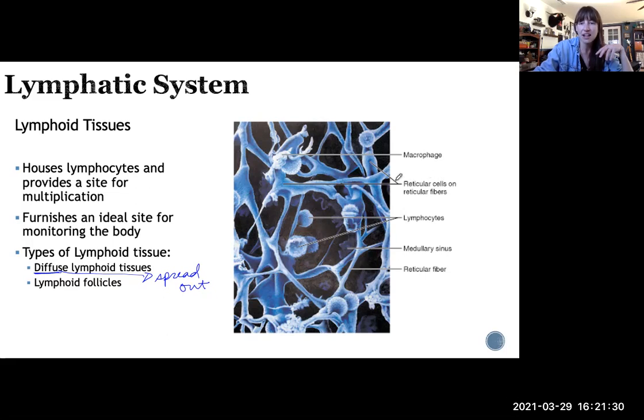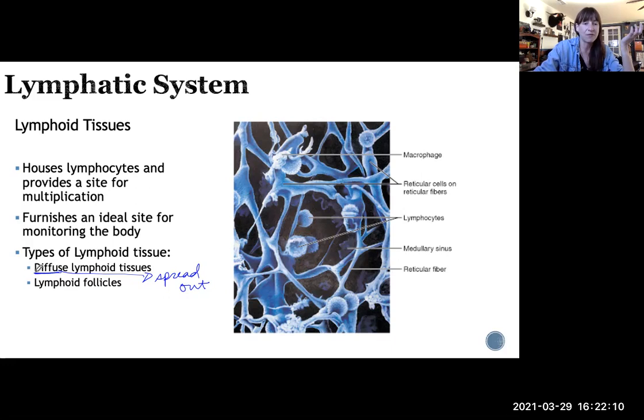You've got your reticular cells, which are your little fibroblasts, which are making the reticular fibers. And then you've also got your immune cells hanging out in here, including your lymphocytes and macrophages, which are great big cells that go around phagocytizing or eating other cells, namely abnormal, infected, or just not recognized, not self cells, okay, invading stuff. In between, you've got your medullary sinus, okay?